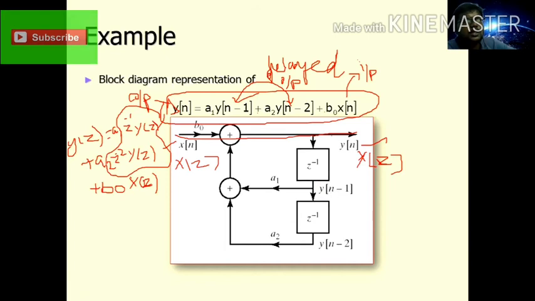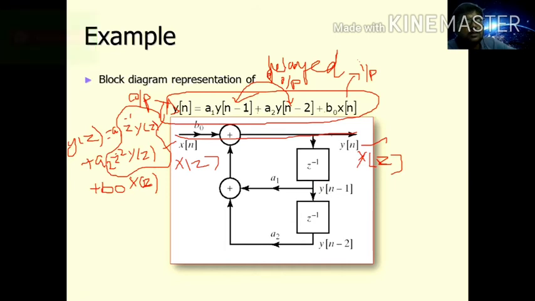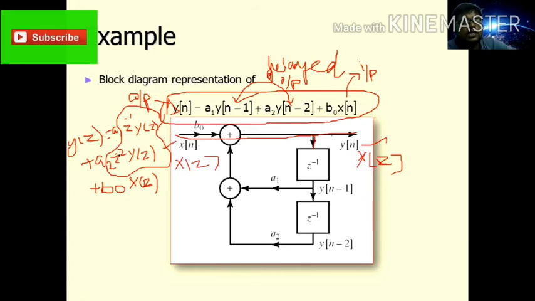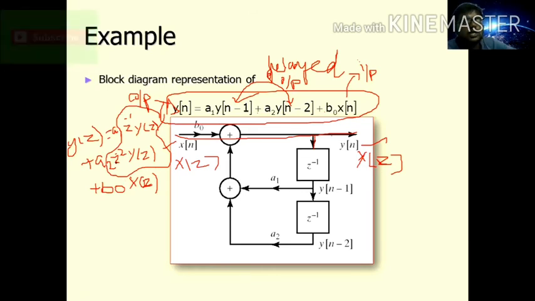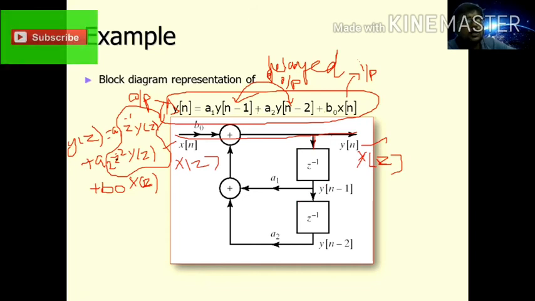Okay, so pick up a node here, you just add one delay element here, z inverse. Then one more delay element, because it consists of two delay elements. The highest order is 2, so one more delay element, because here no need to put z power minus 2, because in this block diagram you add only unit delay alone, not 2 unit delay, 3 unit delay.